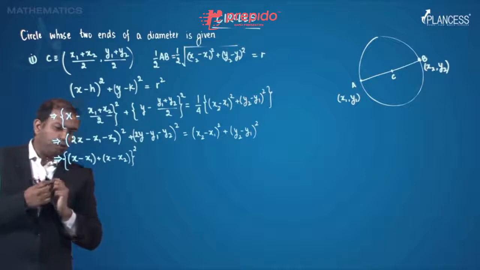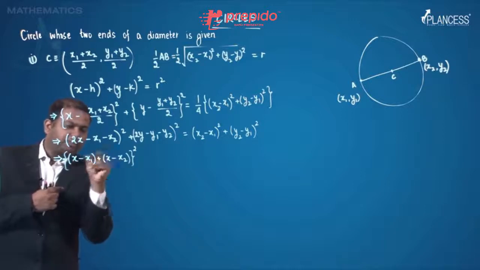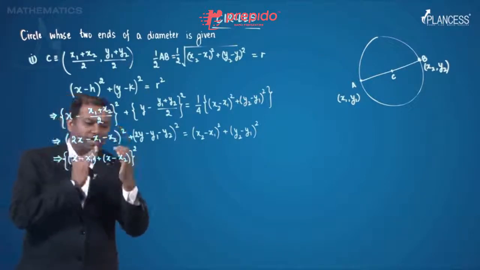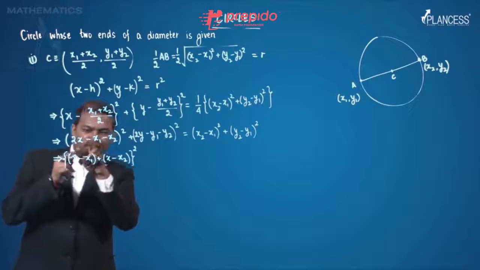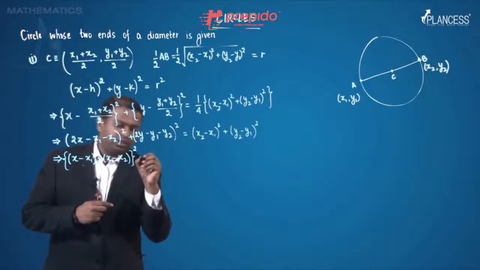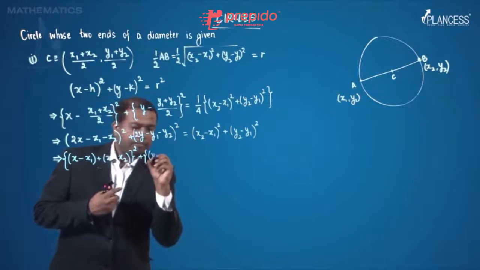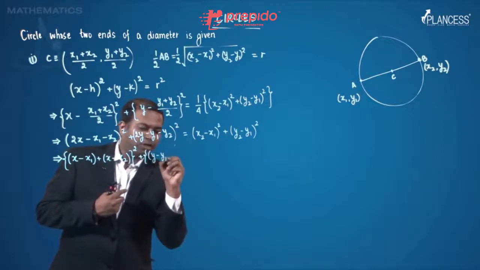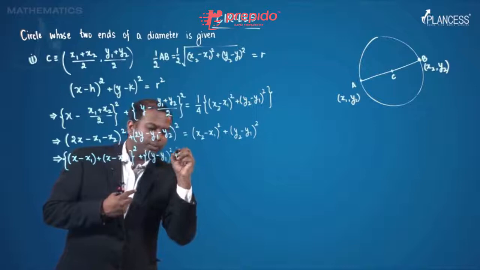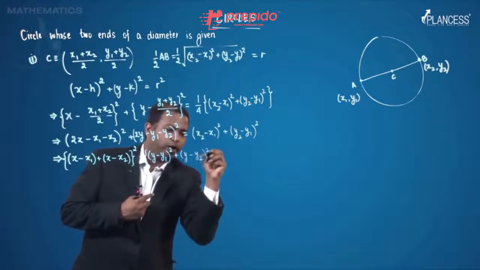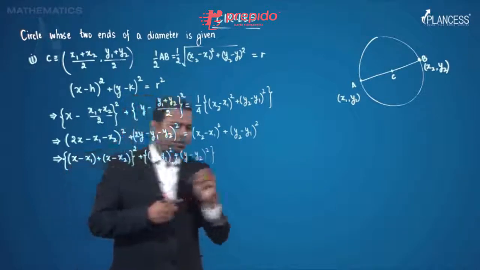Now if you look at it, x plus x gives us 2x, we have minus x1 and minus x2. So this term is the same, it has not changed, just the arrangement has changed. In a similar manner, we have y minus y1 whole square plus y minus y2 whole square, and the bracket closed.